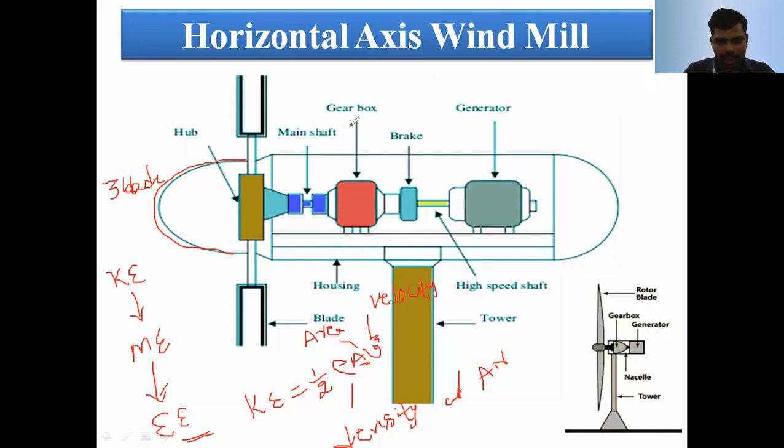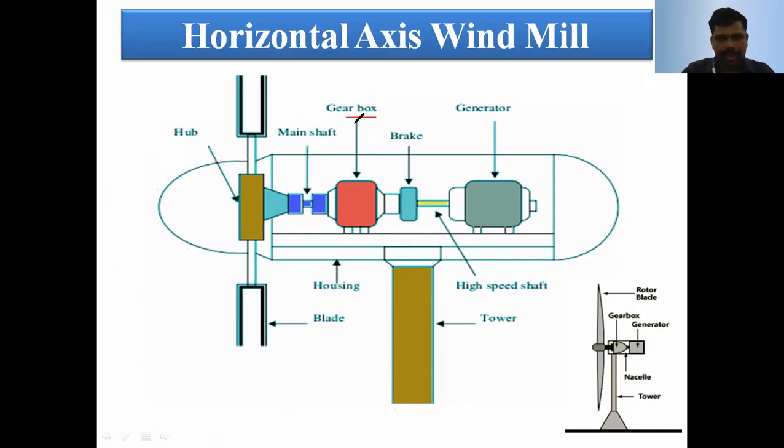The shaft goes through a gearbox. This is the main shaft, the low speed shaft, which goes to the gearbox. Then the turbine shaft speed is increased, and that is the high speed shaft. The gearbox is attached to the high speed shaft, which turns a generator that makes electrical energy.